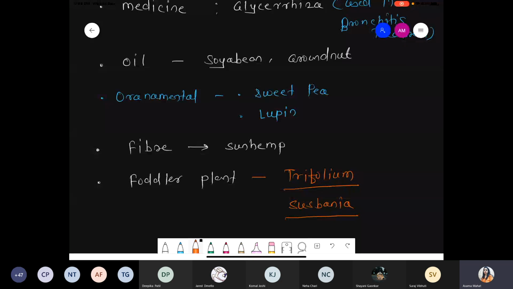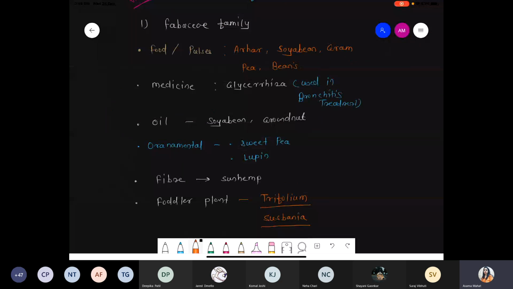Okay, so quickly check, these are some economic importance: as a food, as a medicine, as an oil, ornamental, fiber, as well as the fodder plants, that is animal feed plants. Done. Done this part.